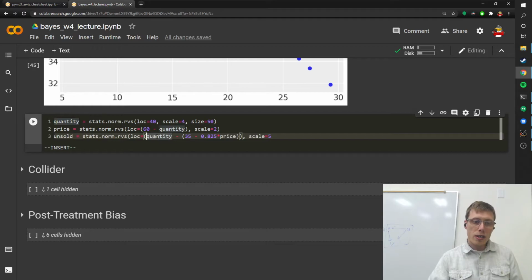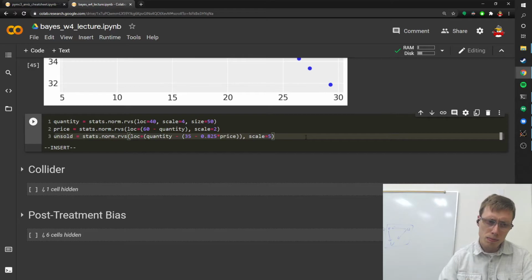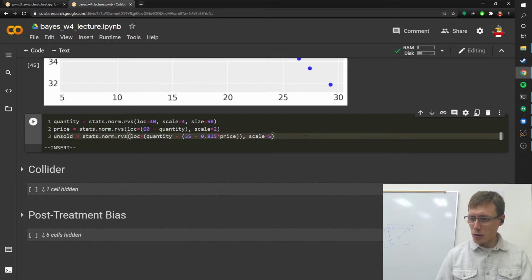It is the quantity that we actually produced minus how much we sold. And for that, I just plugged in a simple demand curve where you sell 35 minus some amount based on your price. And so at the end of it, we get our number unsold. So that's how the data was generated, in case you're curious.